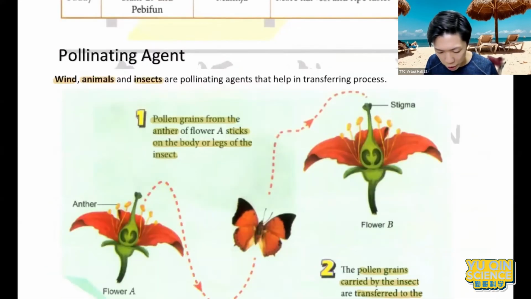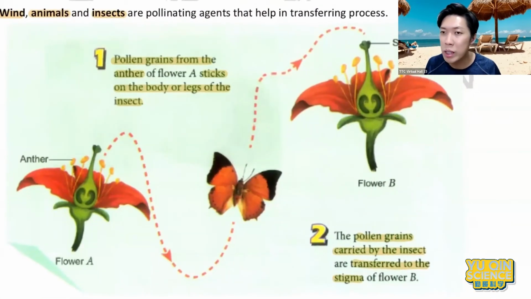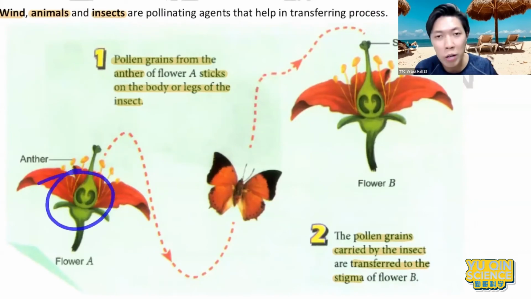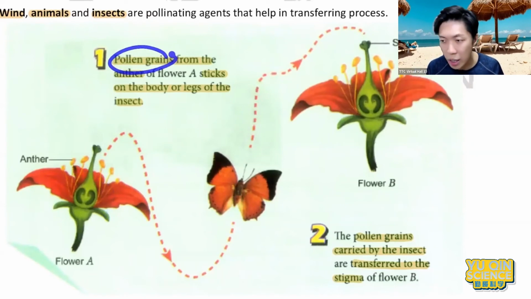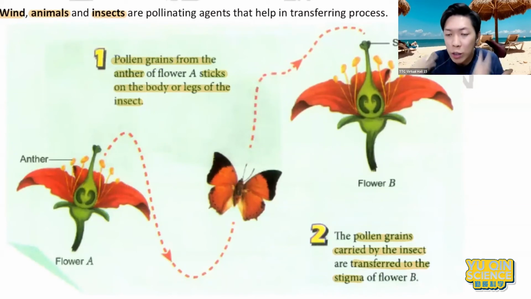Okay, that means the step of pollination is actually here. So be it the bee, be it the butterfly, whatever, when they suck the nectar from the flower, because they collect the nectar from the bottom, right? Then the pollen grain will stick to their body. So I think that's the main point you want to remember. Pollen grain sticks to the body.